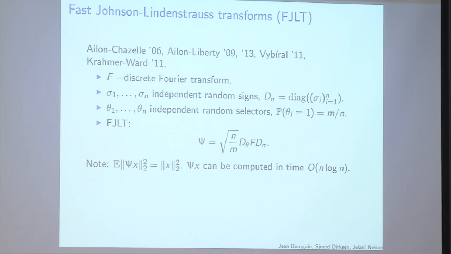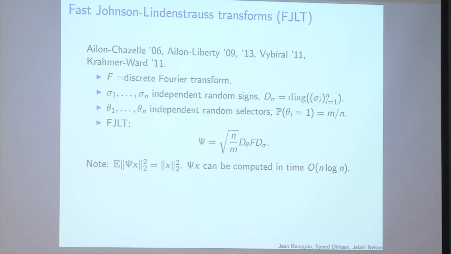So let me summarize the construction as follows. You take the matrix from the previous talk. You start with a discrete Fourier transform, subsample the rows, and the only additional thing that you do is that you randomize the column signs. That's the purpose of this diagonal matrix with independent random signs on it.